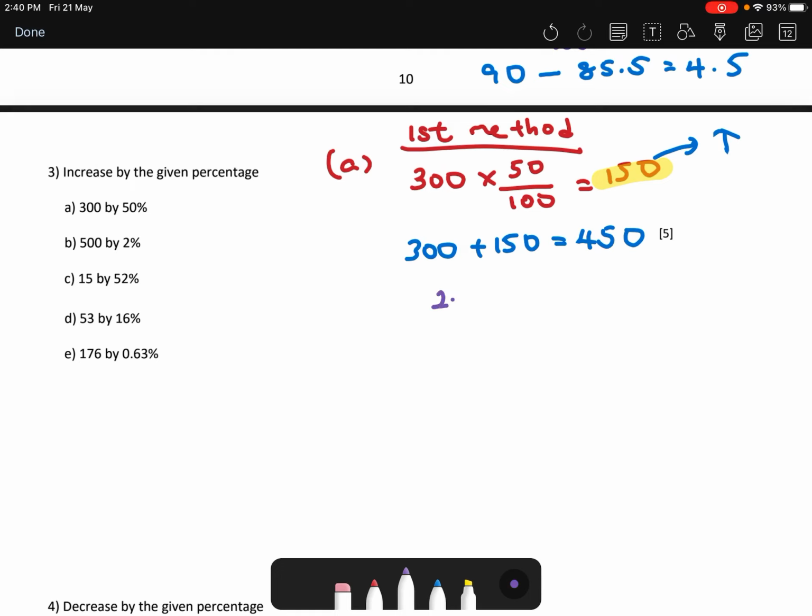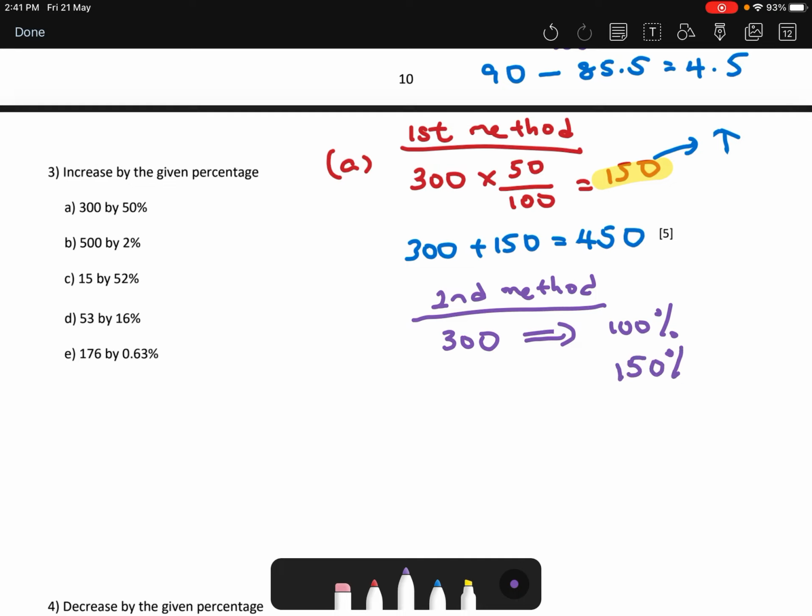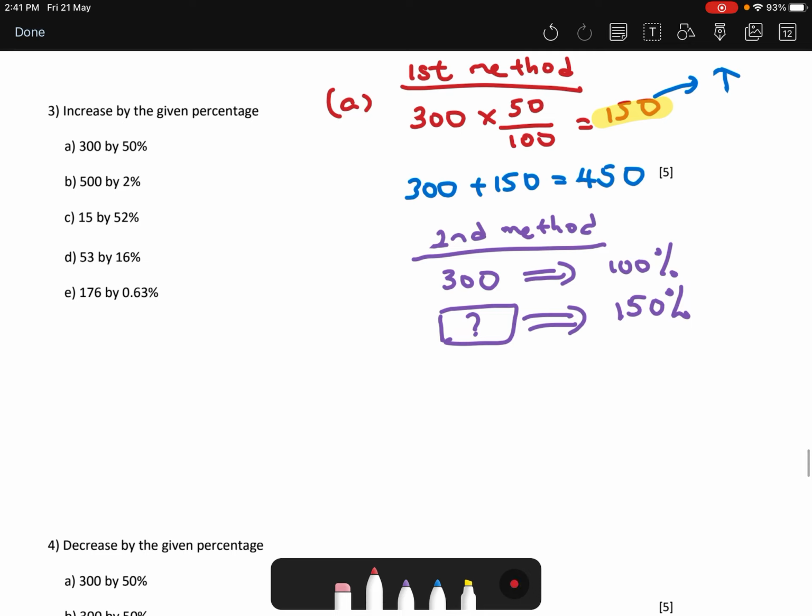Second method, same thing. So 300 itself is actually equal to 100%. Okay, so I say, hey, I increased by 50%, so I must say, hey, 150%, how much is my number? So you simply just use 300 times 150 over 100 equal to about, same thing, you should get 450.